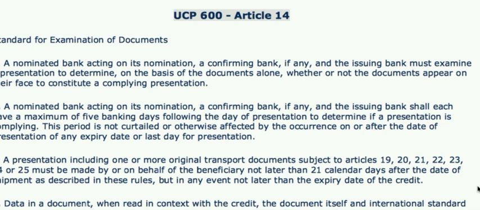In case there is some discrepancy, they can point it out to the beneficiary or the beneficiary's bank. But as will come subsequently, before telling the discrepancy to the beneficiary and its bank, the issuing bank may consult the applicant, and if the applicant agrees to those terms, then there is no need of sending that.